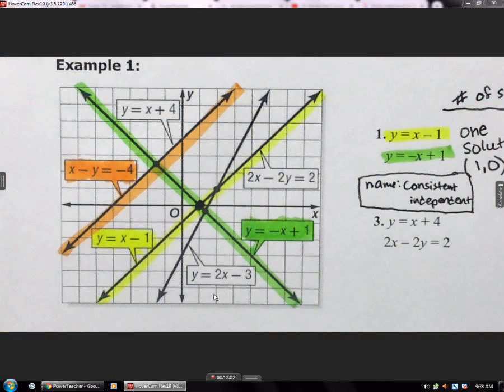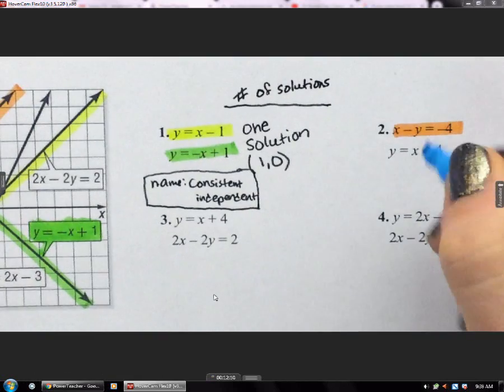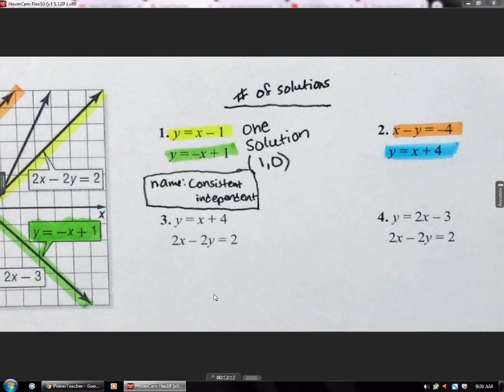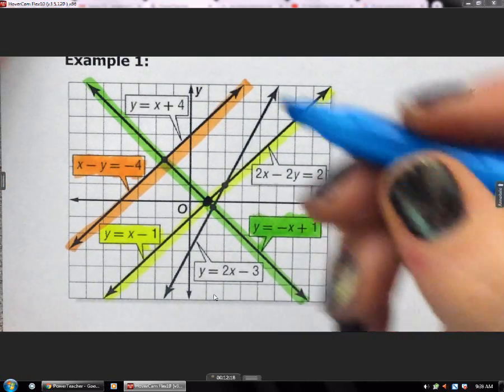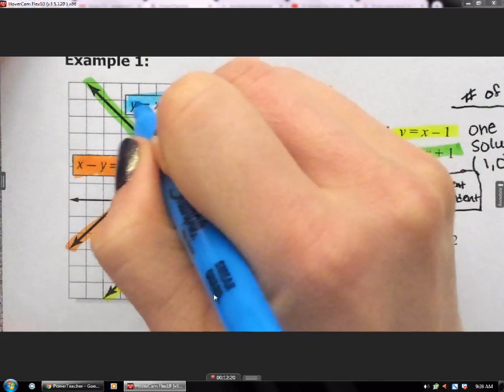I'm going to make that one orange. And this equation y equals x plus 4, I'll make that blue. Where's that one? They're pointing to the same line.